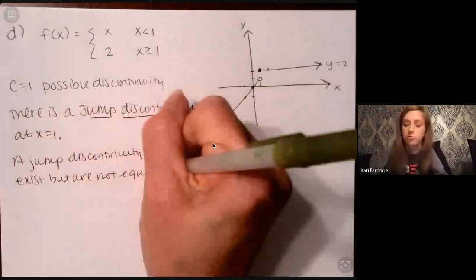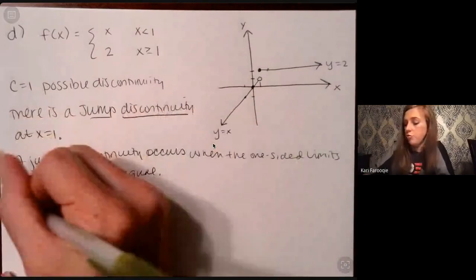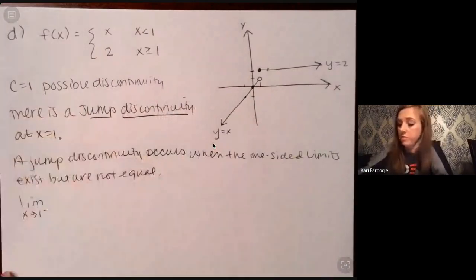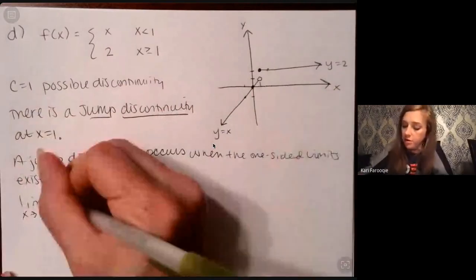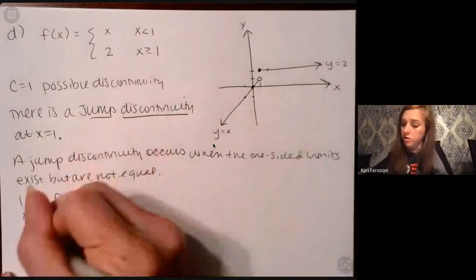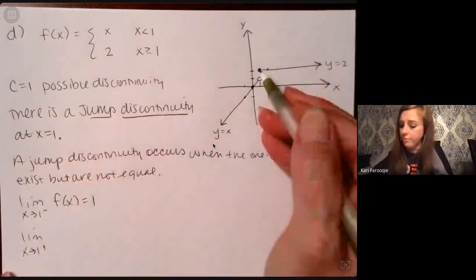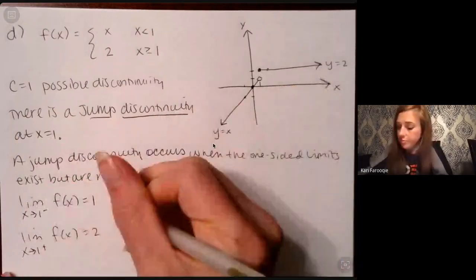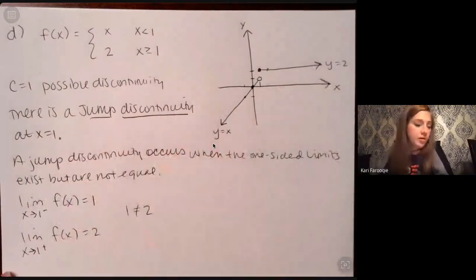So if you're thinking about these one-sided limits, the limit as you approach 1 from the left is 1. The limit as x approaches 1 from the right is 2. So this is a problem because 1 is not equal to 2. And that's where you end up getting this jump discontinuity.